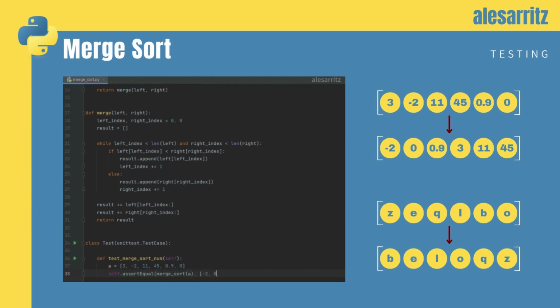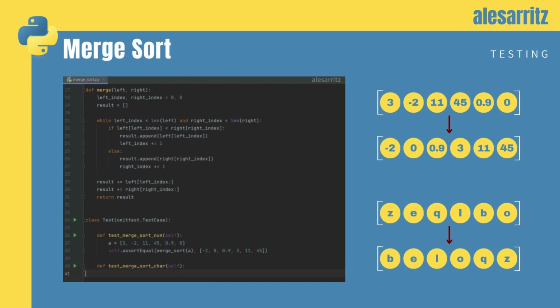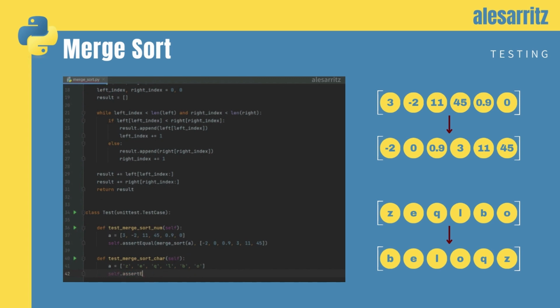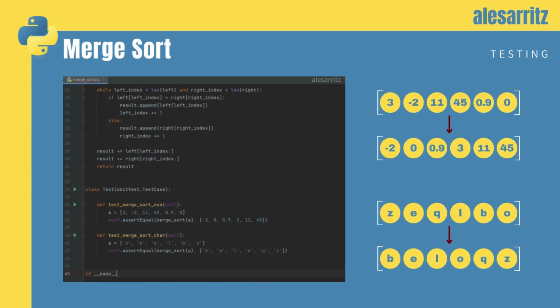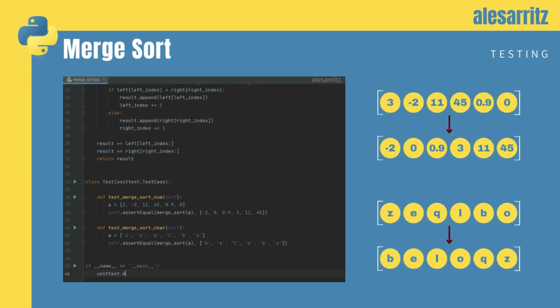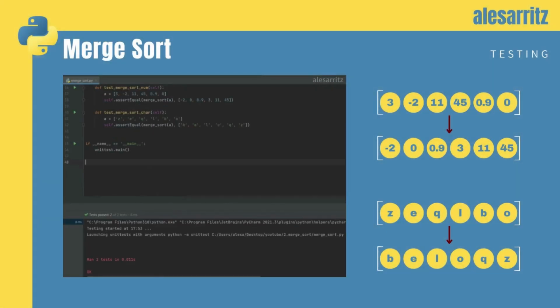In both cases, we'll check if merge sort returns the ordered array. Let's now test it. Excellent, it works.